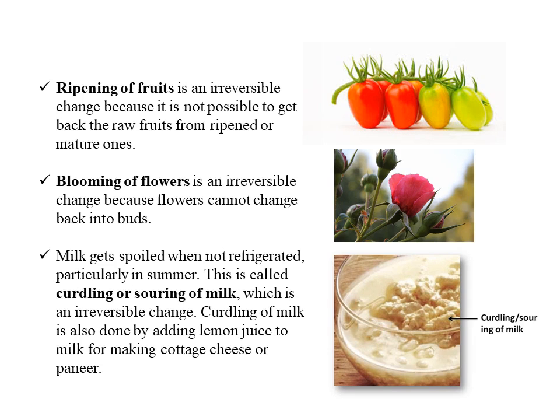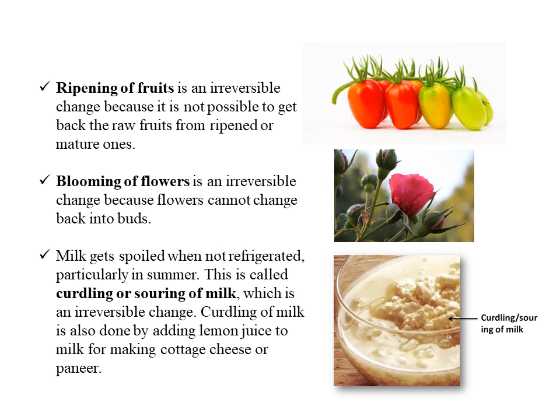So this is an irreversible change. You can see the picture of curdling or souring of milk, and how it looks after curdling. From here you can conclude how curdling of milk is. I hope you understood these three examples of irreversible changes.